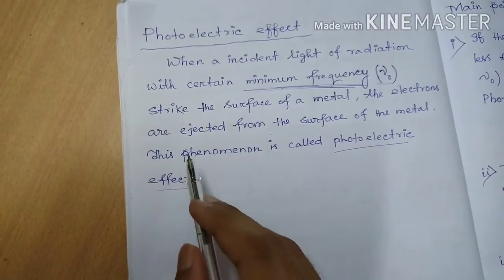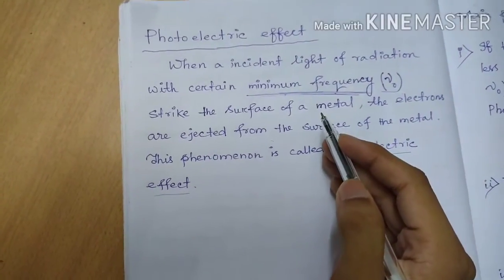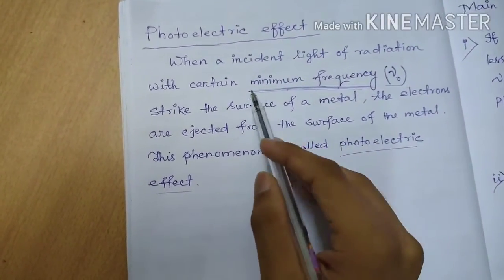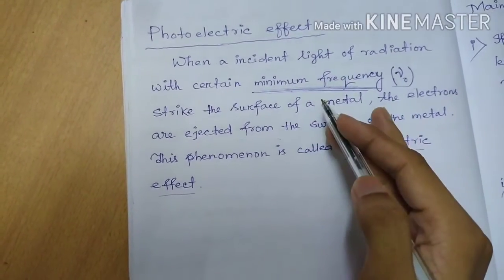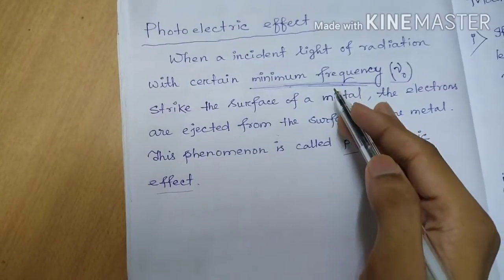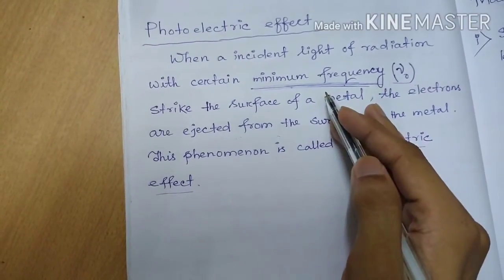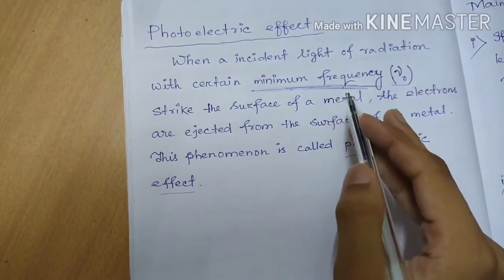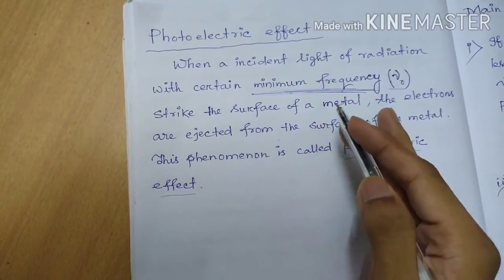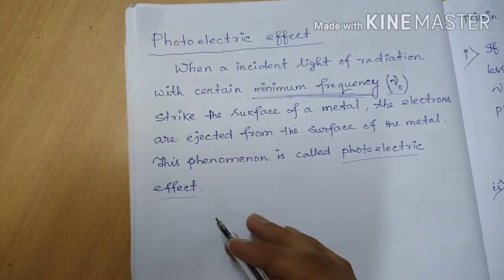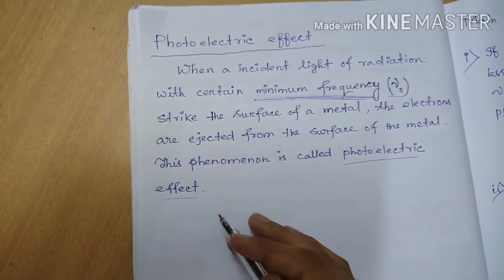Now you have to know what minimum frequency is. Minimum frequency is the required frequency, or you can say fixed frequency, for emitting electrons from the surface of the metal.